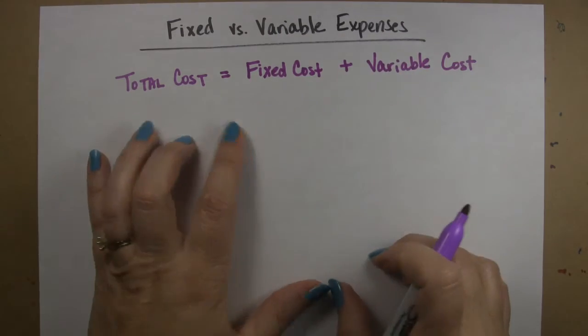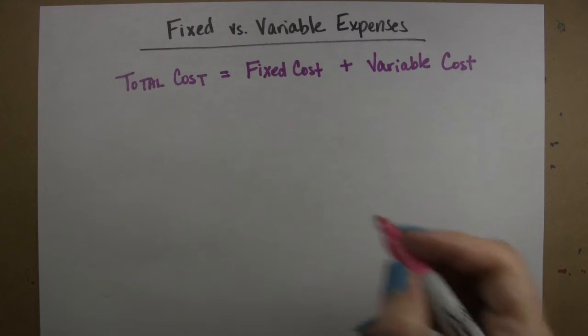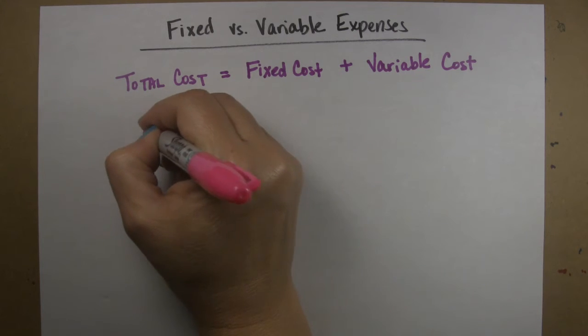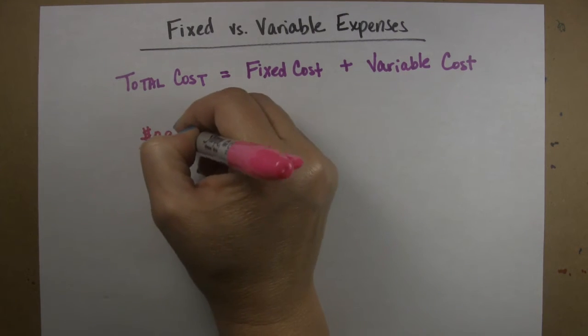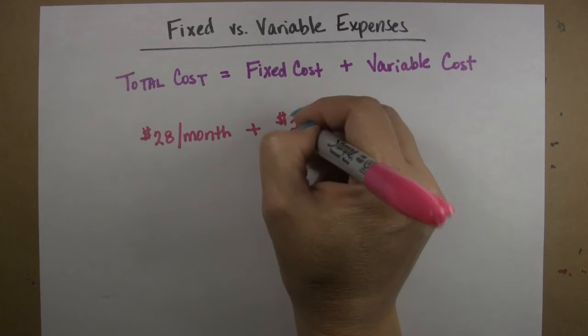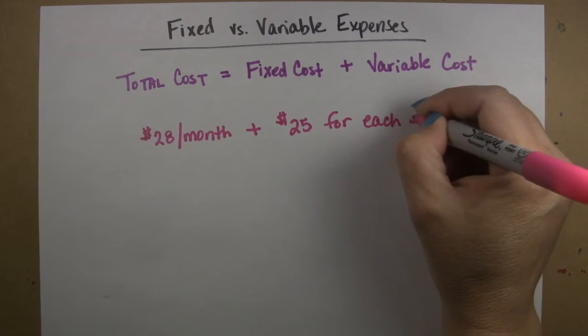So, let me give you some for instances, and then I bet you will start to understand pretty quickly. So, for instance, I could tell you that garbage collection is $28 a month plus $25 for each electrical item.